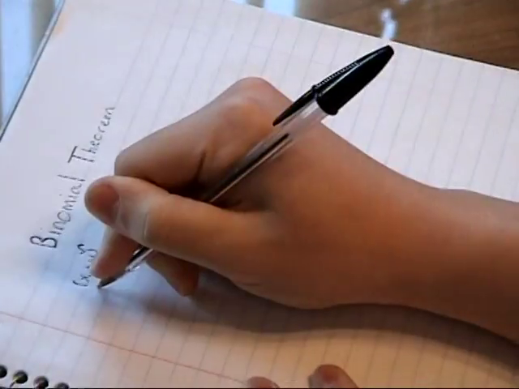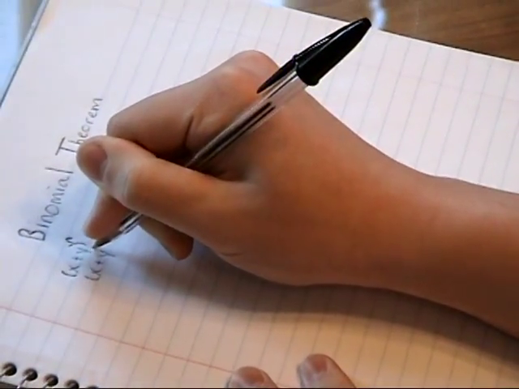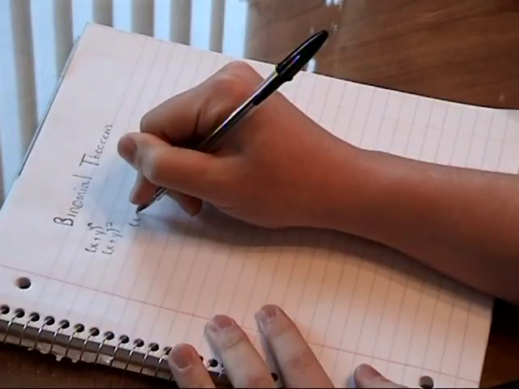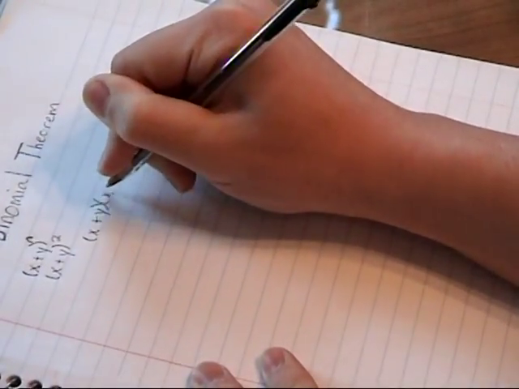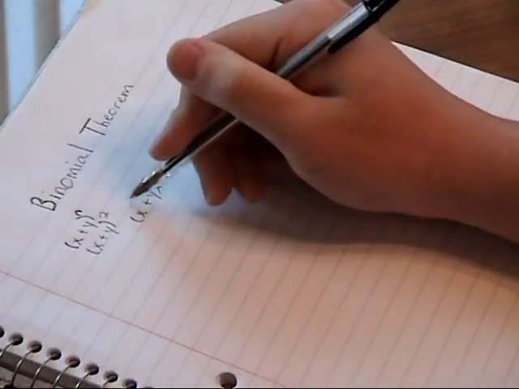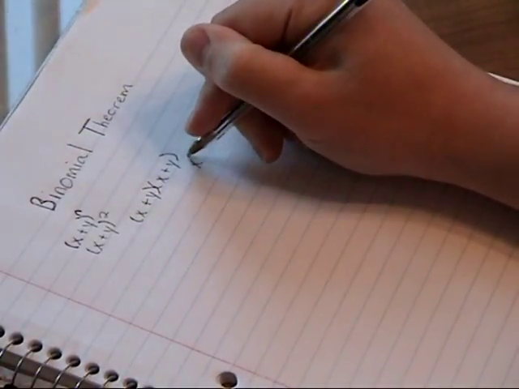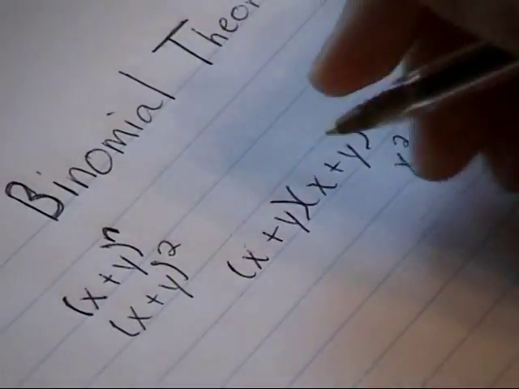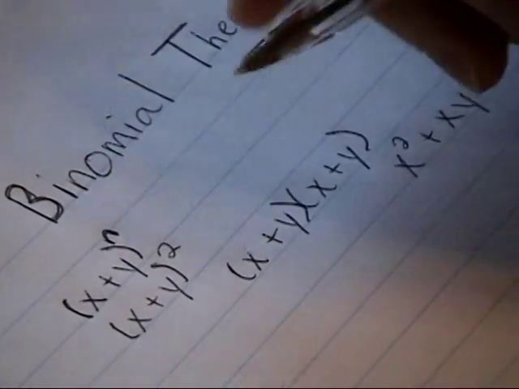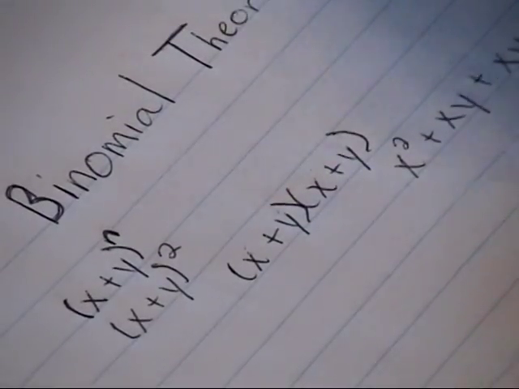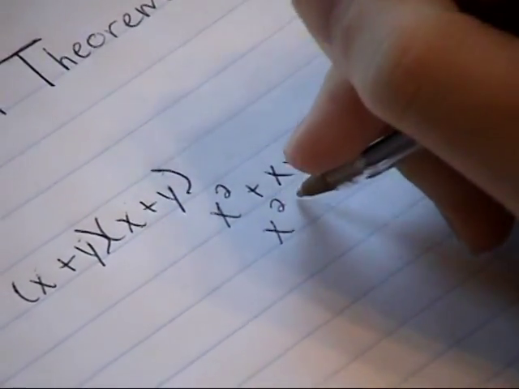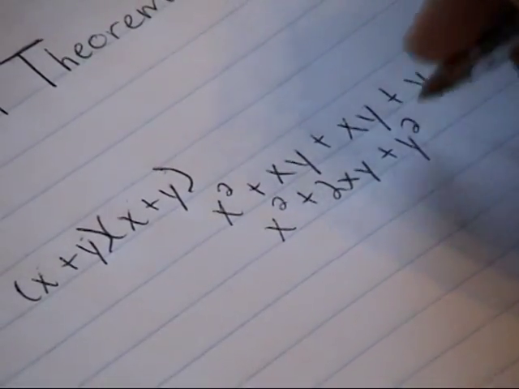Like x plus y squared without the binomial theorem, if you don't just know the answer off the top of your head, then you have to actually write out x plus y times x plus y, and then multiply the outside variables, x times x is x squared, then multiply these outside ones, so xy, and then multiply the inside one, xy again, then multiply the last variable, so y squared, then xy plus xy is just 2xy plus y squared.